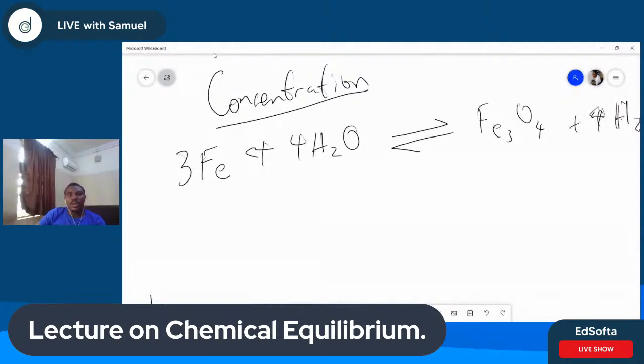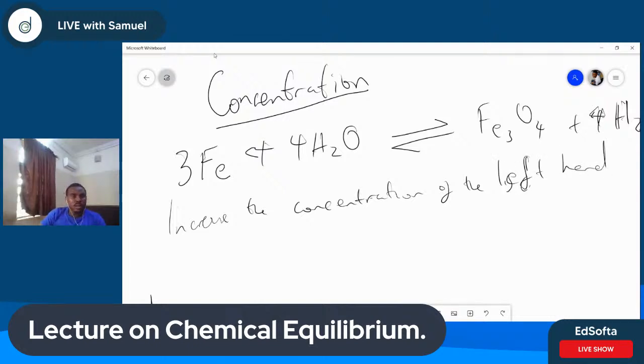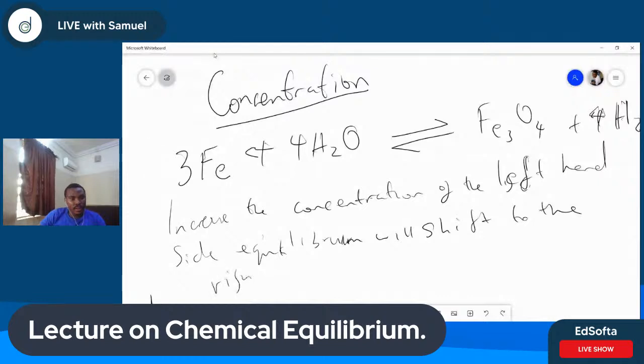Concentration is very simple. If you increase the concentration of the reactants, the left-hand side, equilibrium will shift to the right and favor the forward reaction.